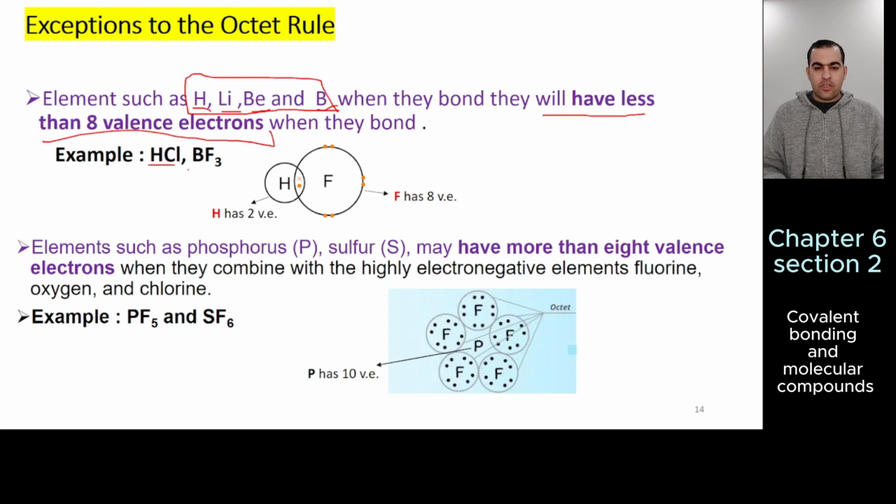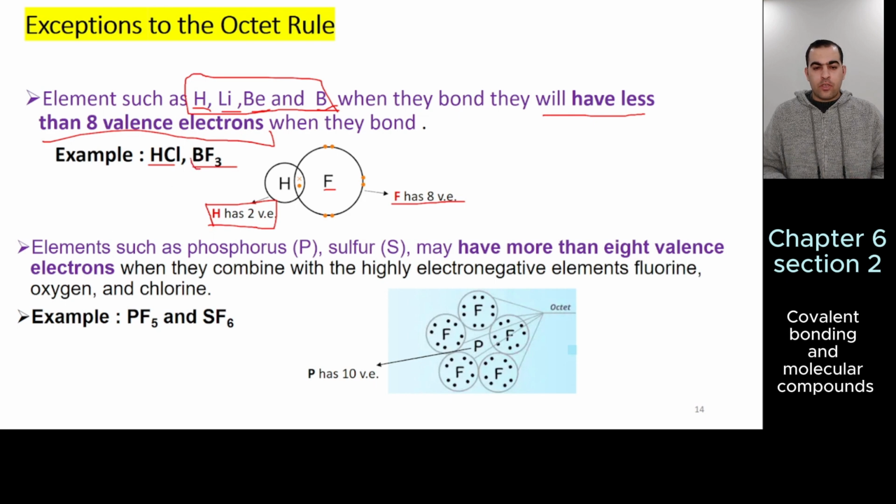For example, in HF, or boron trifluoride. In HF, look, hydrogen has bonded with fluorine. Fluorine is not the exception; it's going to have 8 valence electrons. But what about hydrogen? Now it has 2 valence electrons. We said the octet rule means having 8 electrons, but hydrogen is an exception. It's going to have 2 electrons in the last shell, like helium.